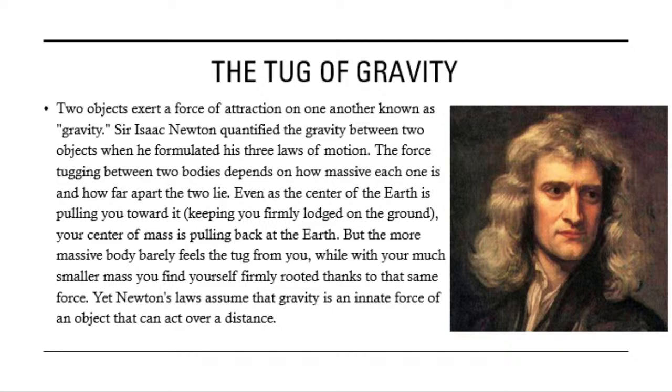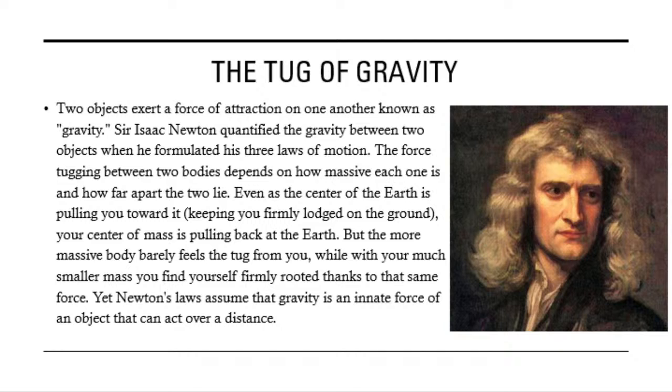For example, let's take the earth and any random person. The earth is pulling you towards it, which is what keeps you firmly lodged on the ground. Your center of mass is also pulling back on the earth, but because of your smaller mass, you have little effect on it.